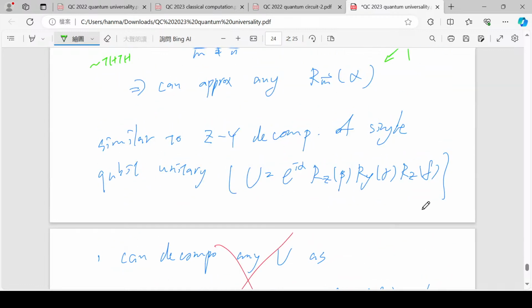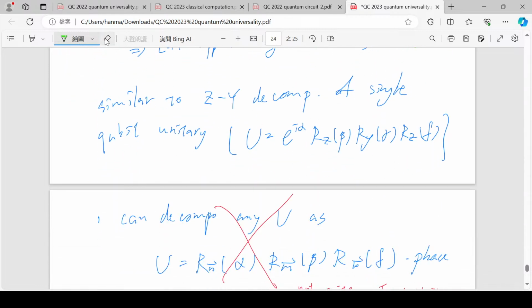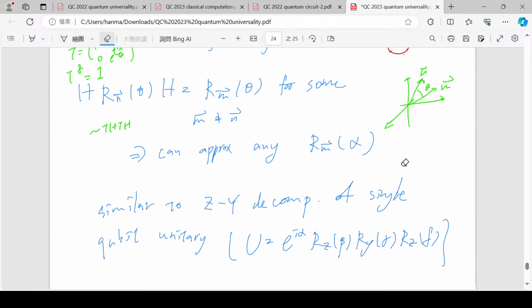It actually depends on the angle here. There's an angle theta, and the length of the sequence, so maybe write it down here.